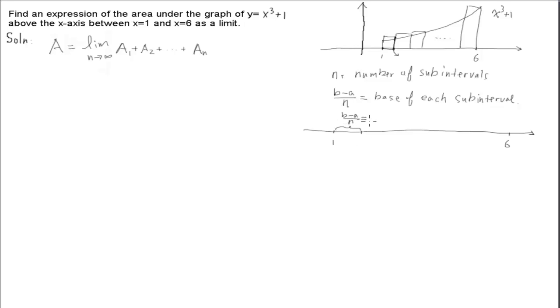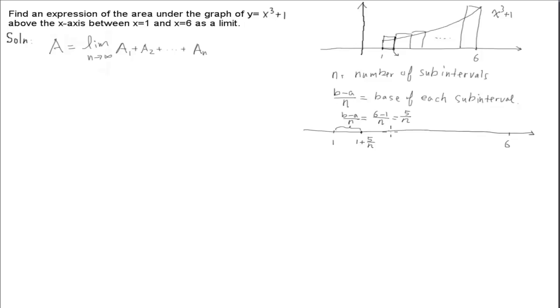In our case, that is 6 minus 1 over n, which is 5 over n. Since this length is 5 over n, this point must be 1 plus 5 over n. That's the first right end point.